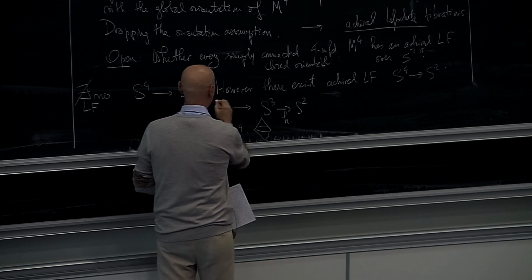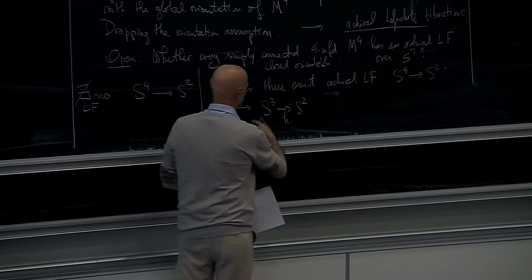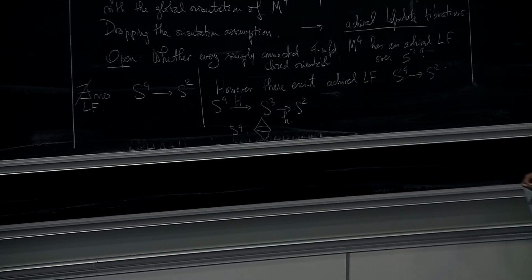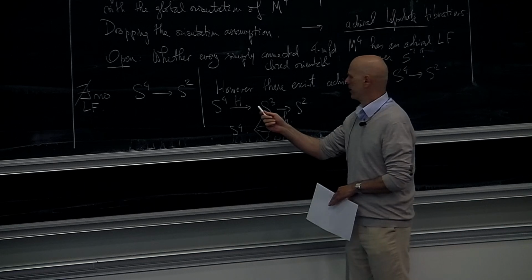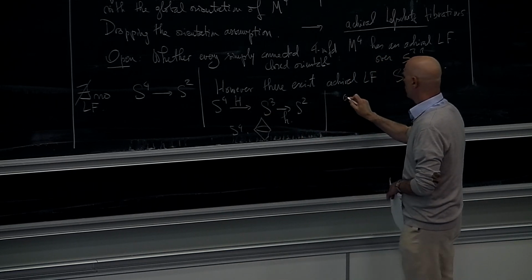Then you get the suspension of the Hopf fibration, big H, and being a bit careful about where critical points arise, you can get here a map with only two critical points.